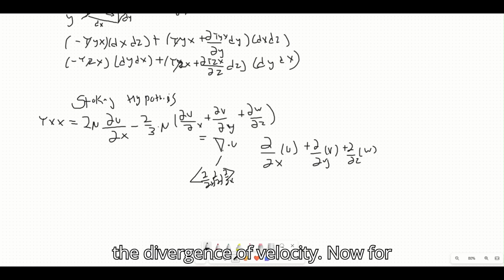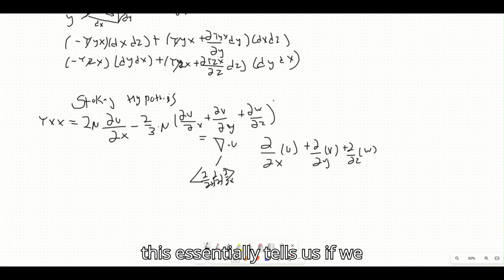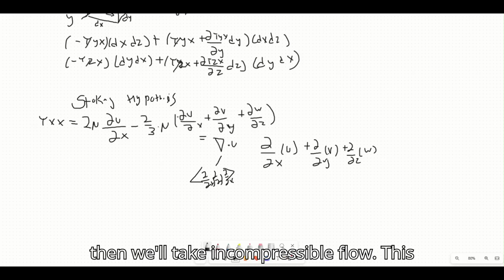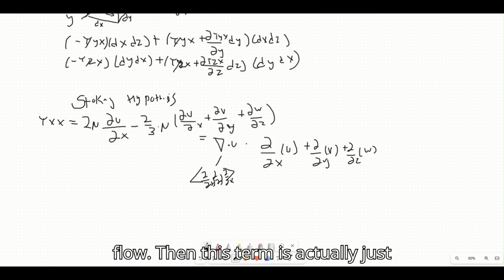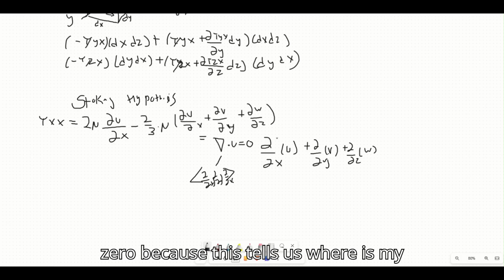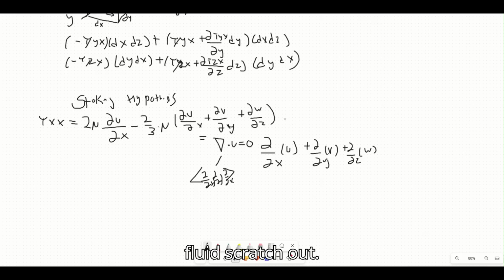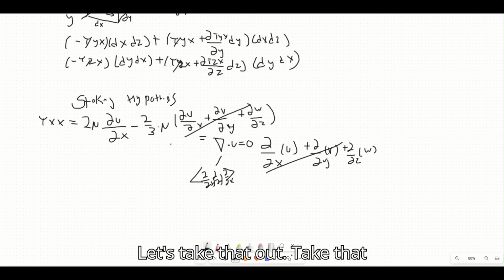Now this essentially tells us if we have any sinks or any outlets for our velocity. And when we take incompressible flow, then this term is actually just 0, because this tells us where my fluid is sponging out. So you can just take that out.